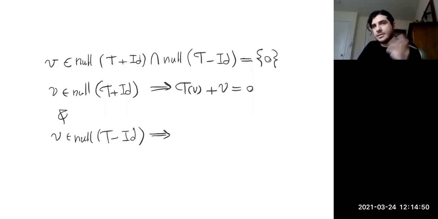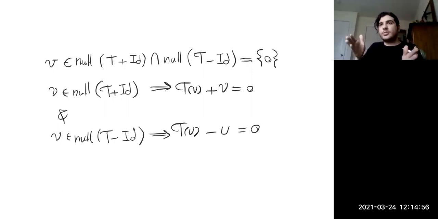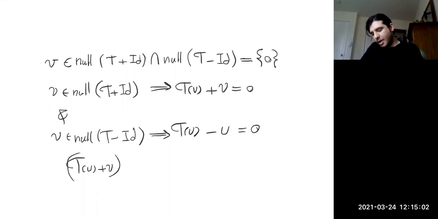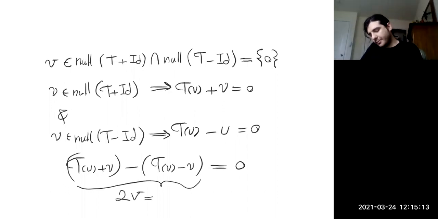And if it's in the second space, it means T of v minus v is equal to 0. So if these two are equal to 0, if we subtract them, we still get 0. So T of v plus v minus T of v minus v would be 0. But this difference is 2v, which is equal to 0.